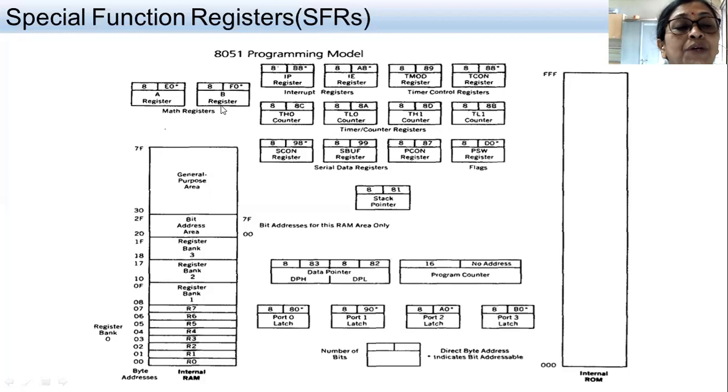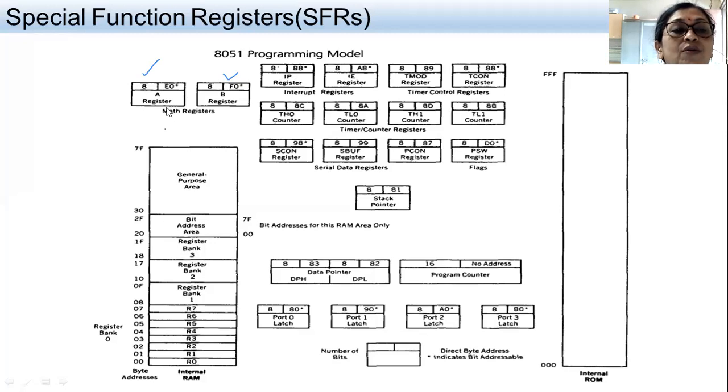You know the function of register A and register B. Do you remember? Can anybody tell me what is the function of register A and register B? We have already studied these two registers, if you remember. So what is the function of these two registers?